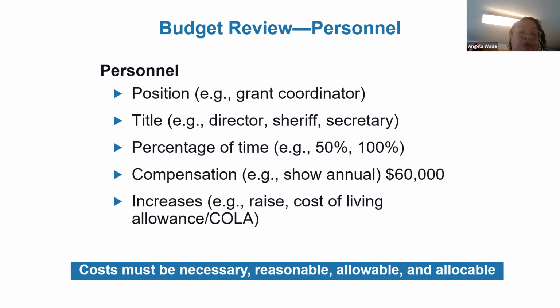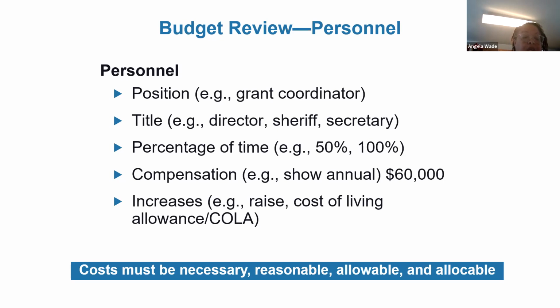For personnel, you will need to list out the position and title of each individual that's working on your particular grant program, and the percentage of time. When we say percentage of time, we mean how much time they are going to be spending working on your particular grant program. Then you want to show us how much they're being paid. So it's very important you include their salary or rate of pay.